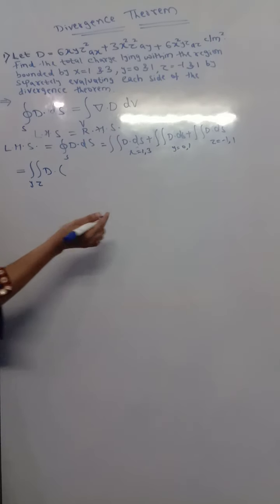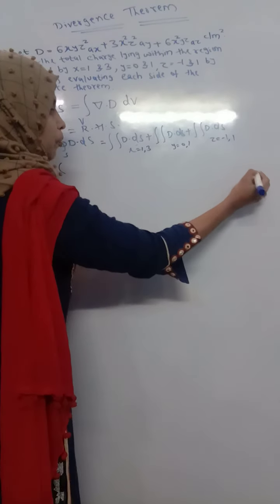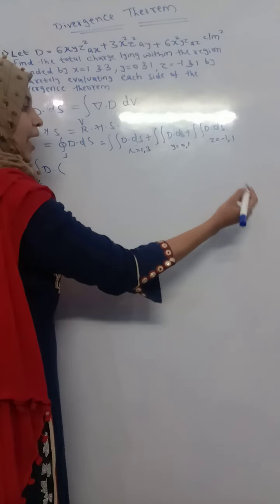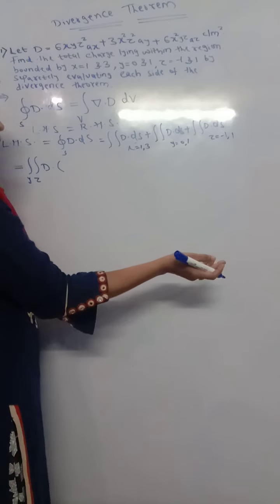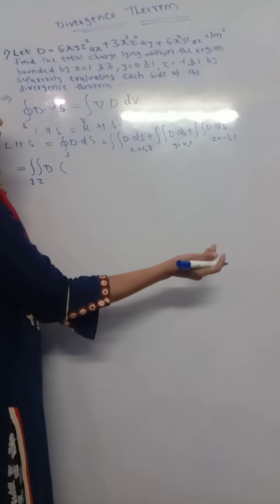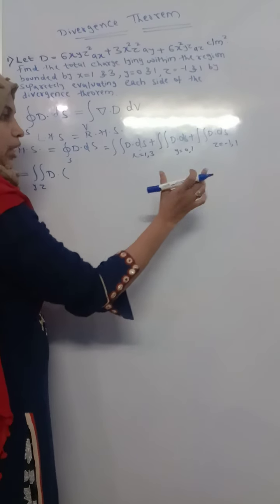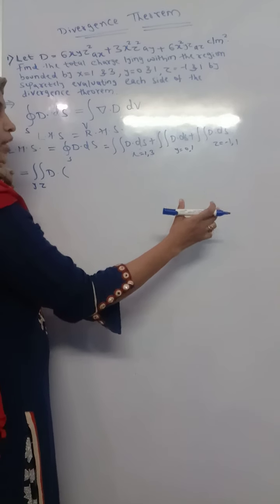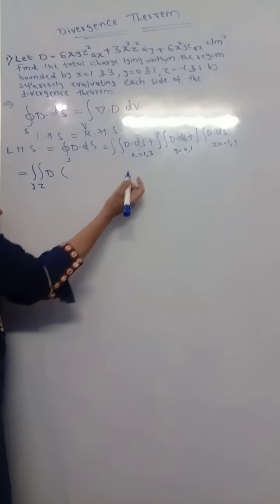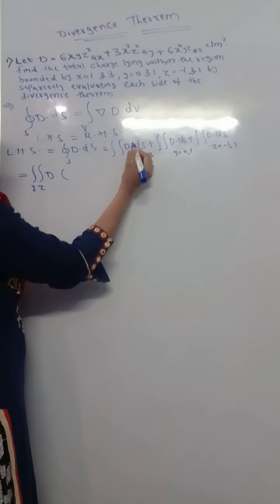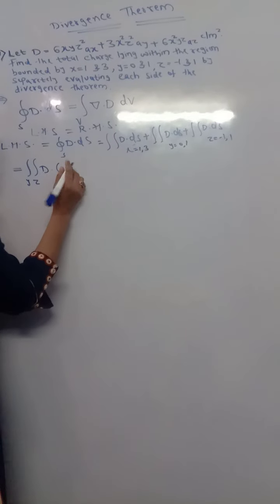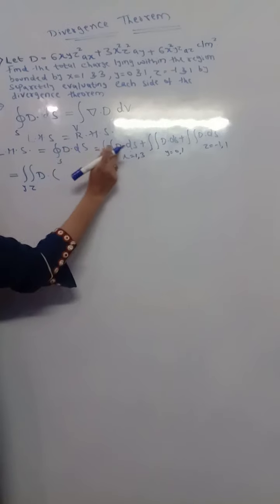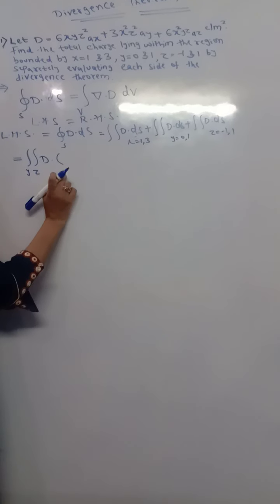Already I have told you, for the front, if you write positive, then the back will be negative. Likewise, right will be positive, then left will be minus, and top will be positive, then bottom will be minus. So the two pairs are nothing but one positive, the other negative, while you write the equation for the differential surface area. Here I am writing the differential surface area for the x value now.